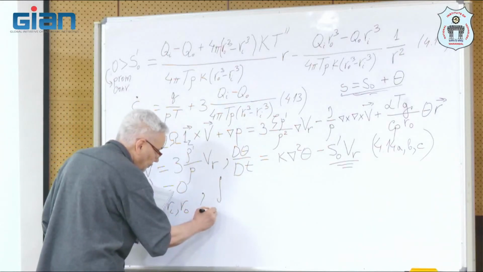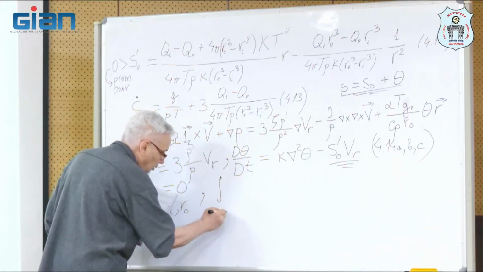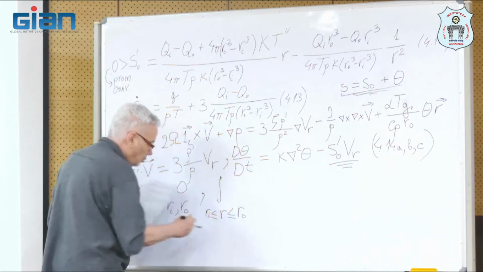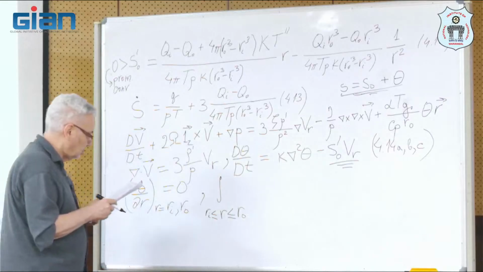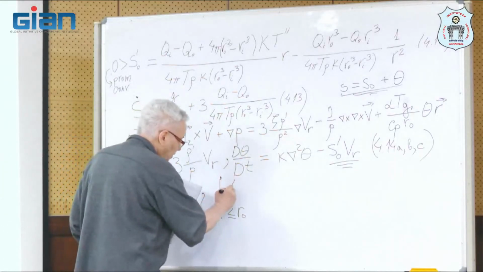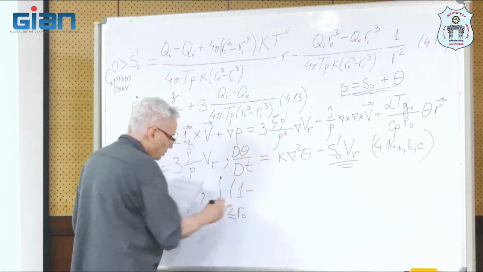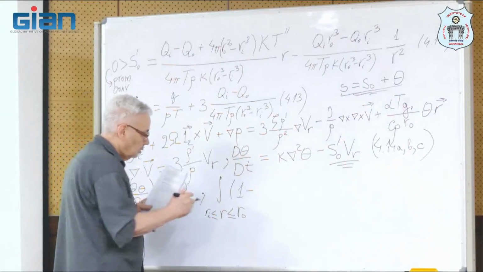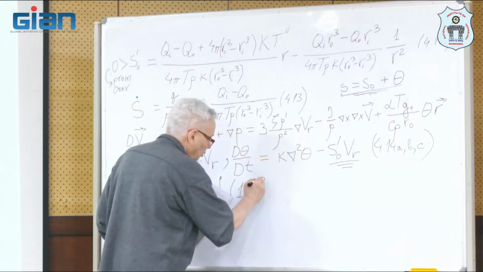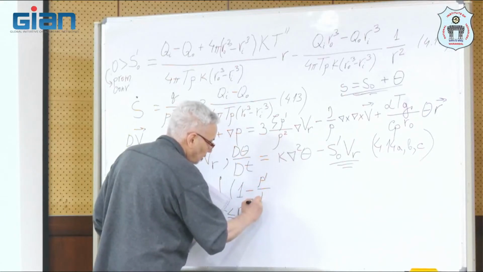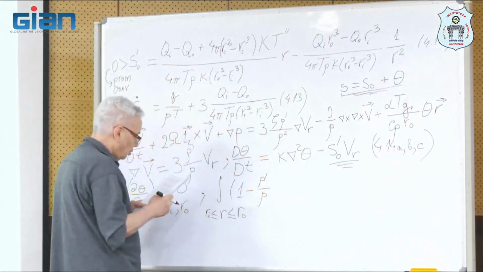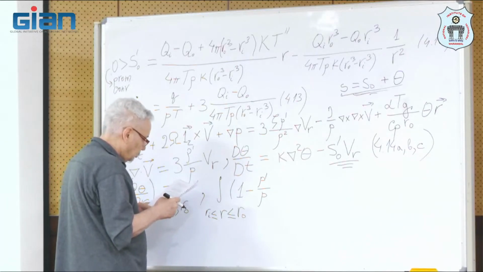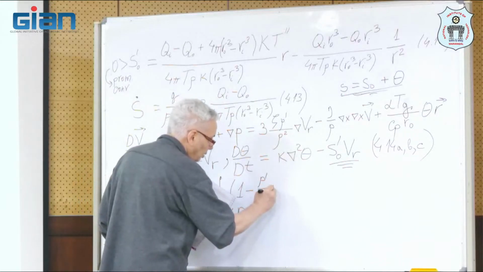From Ri to Ro. And this integral is acting on 1 minus rho prime, which is constant in our condition, over rho also constant in our condition. And here we have r.